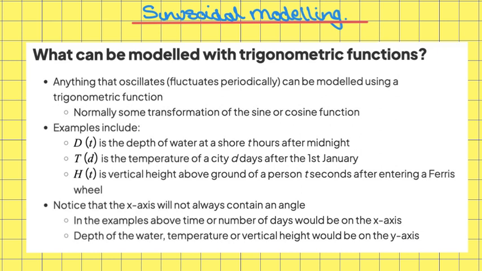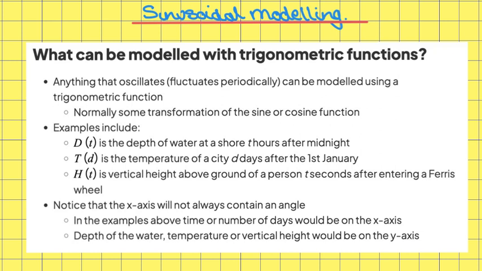Examples include capital D with respect to t is the depth of water at the shore, t hours after midnight. Capital T with respect to D is the temperature of a city, D days after the 1st of January. Capital H with respect to T is the vertical height above ground of a person, T seconds after entering a Ferris wheel.